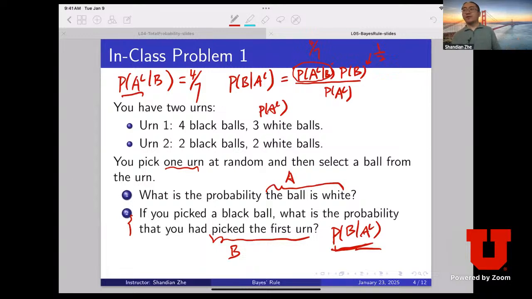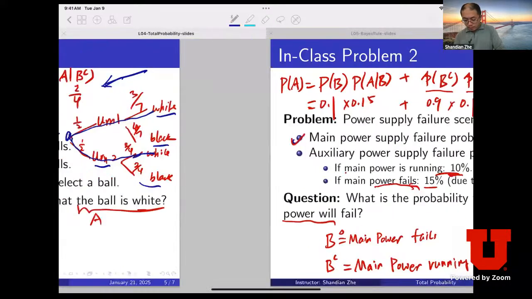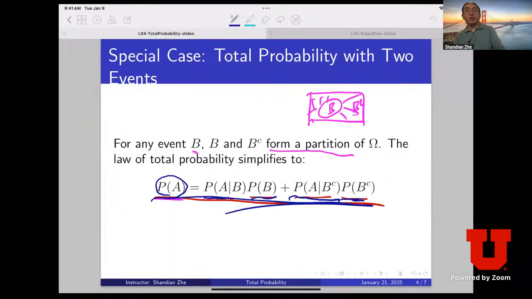To compute P of A complement, we can leverage another event, which is B. So we can use P of B times P of A complement given B, plus P of B complement times P of A complement given B complement. Does it make sense? This is just the simplified version of the total probability.